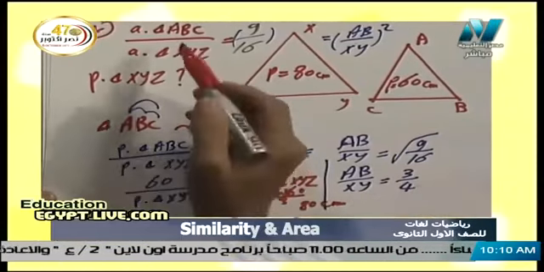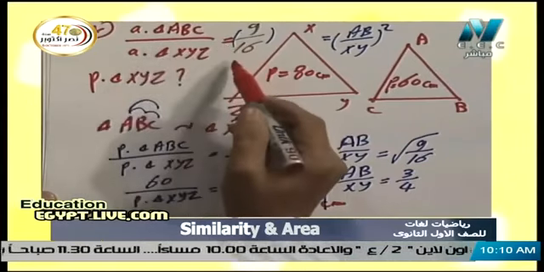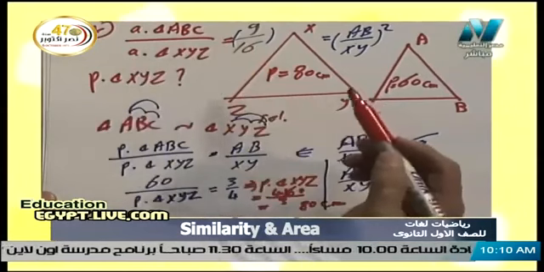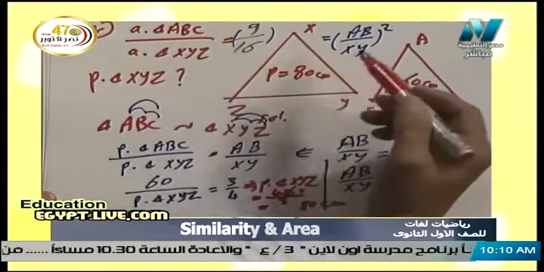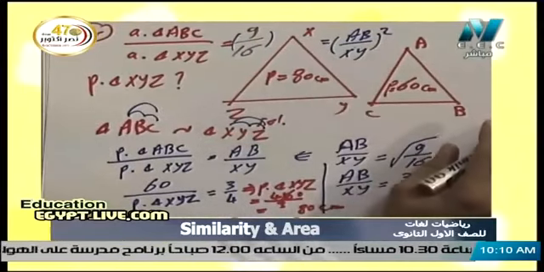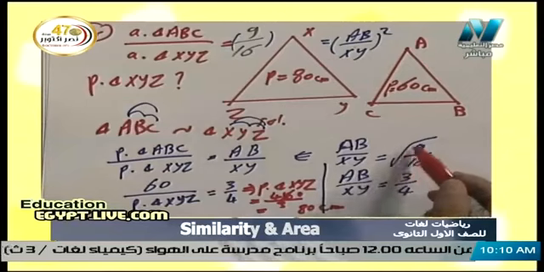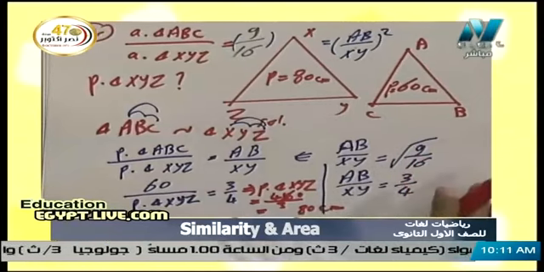Okay, the given is the ratio between the two areas, 9/16. We take the square root of 9/16 because 9/16 means AB power 2 over XY power 2. To get the ratio, the square root equals 3/4.